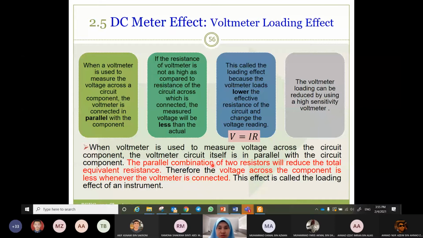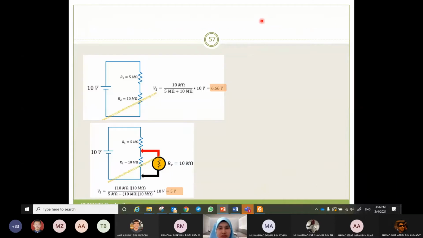The parallel combination of two resistors will reduce the total equivalent resistance. Therefore, the voltage across the component is less whenever the voltmeter is connected. This effect is called the loading effect of a voltmeter. That is what we want to learn in this subtopic, voltmeter loading effect.